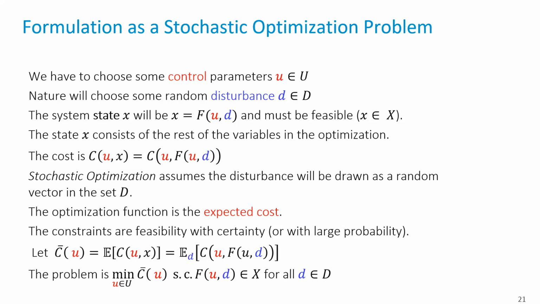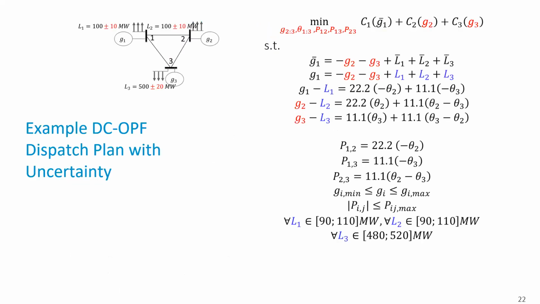So one of the design decisions when we cast stochastic OPF, for example, is to know how we will get a handle on C bar of U here. For example, if I assume in this very simple case that the costs are linear, so the cost of generation G1 is a constant times G1, then the expected value, because the true G1 is equal to minus G2 minus G3 plus L1 plus L2 plus L3, right?